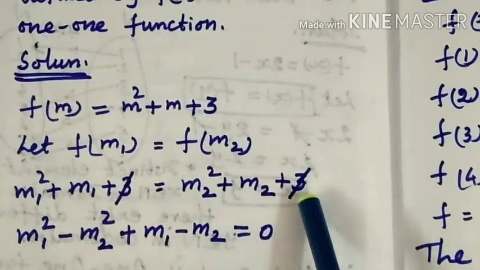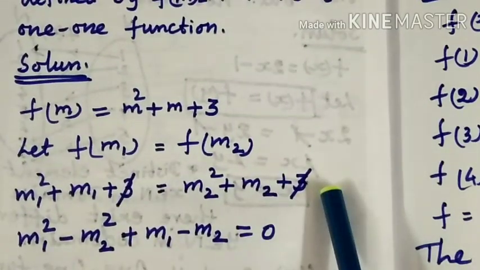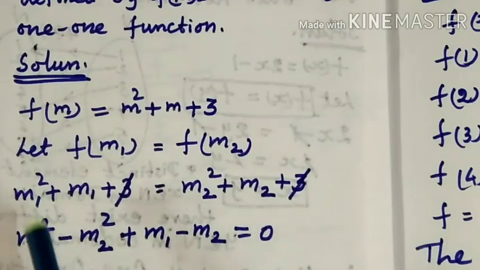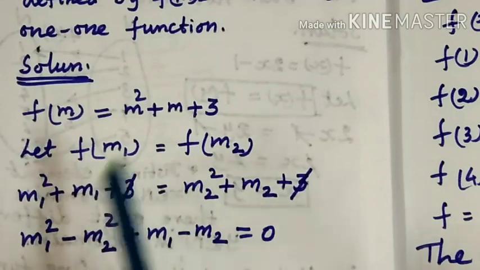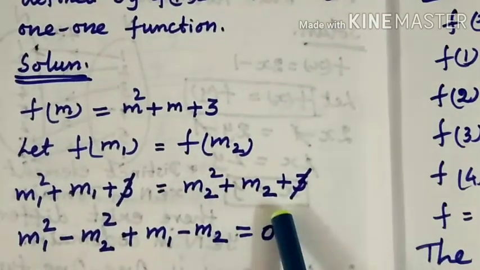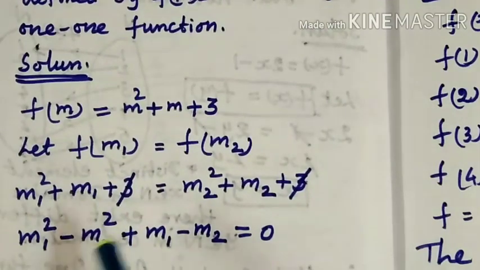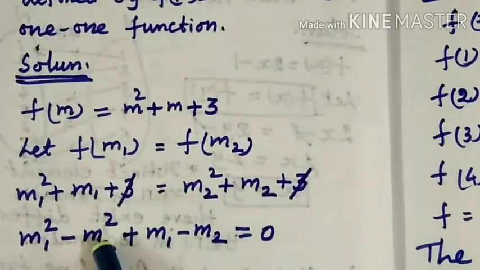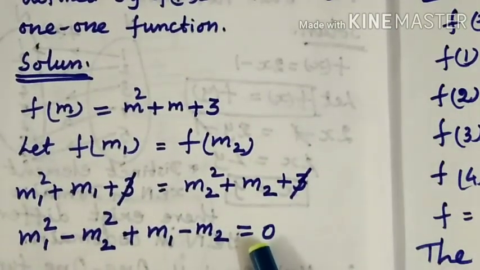Here 3 and 3 cancel, because when plus 3 goes across the equal sign it becomes minus 3, and we get 0. Then m1 squared plus m1, then m2 squared plus m2. You bring this term before the equal sign, then we get m1 squared minus m2 squared plus m1 minus m2 equal to 0.